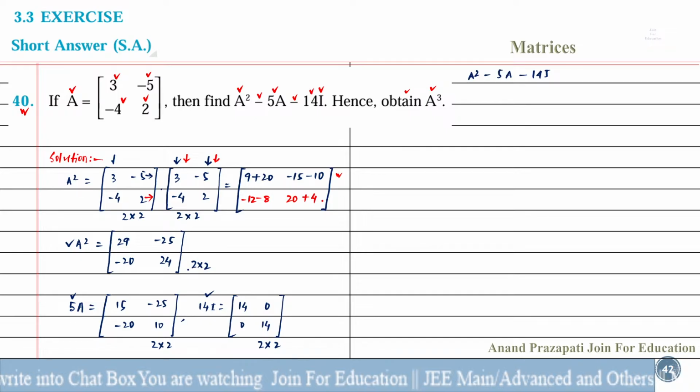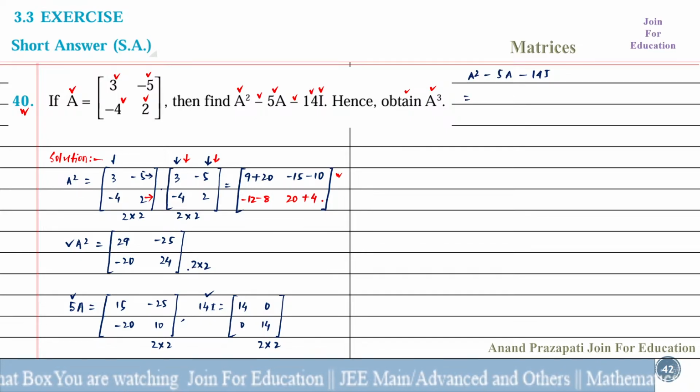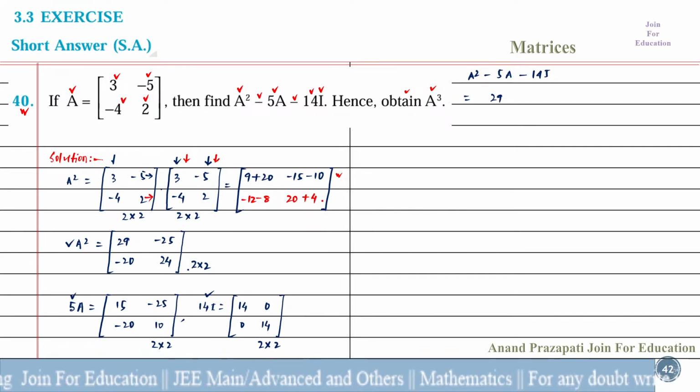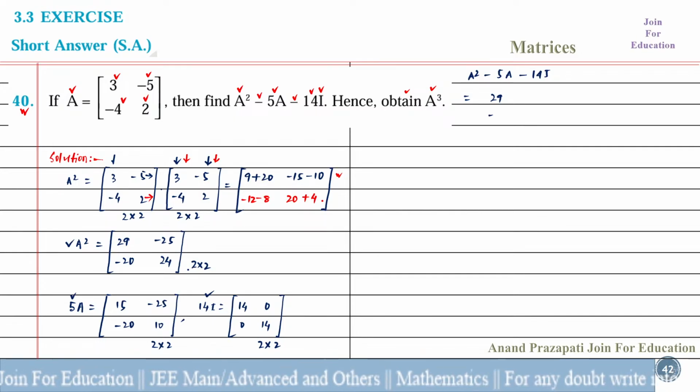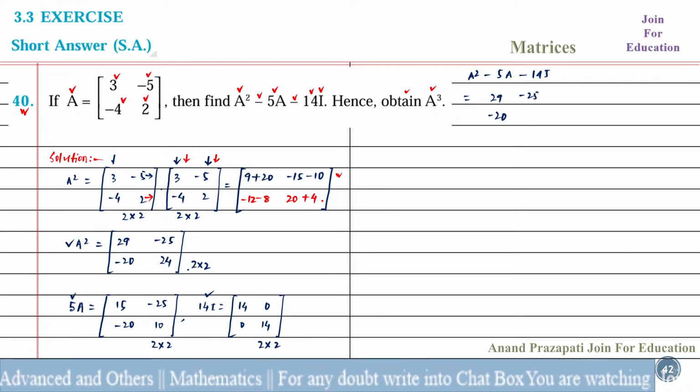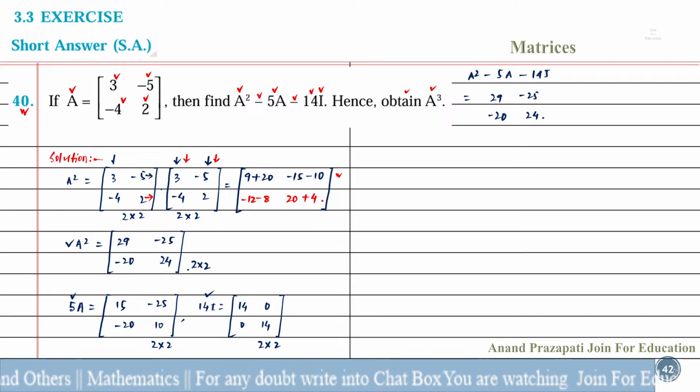14I equal to, here the value of A square is 29, minus 20, minus 25, and this is the 24.